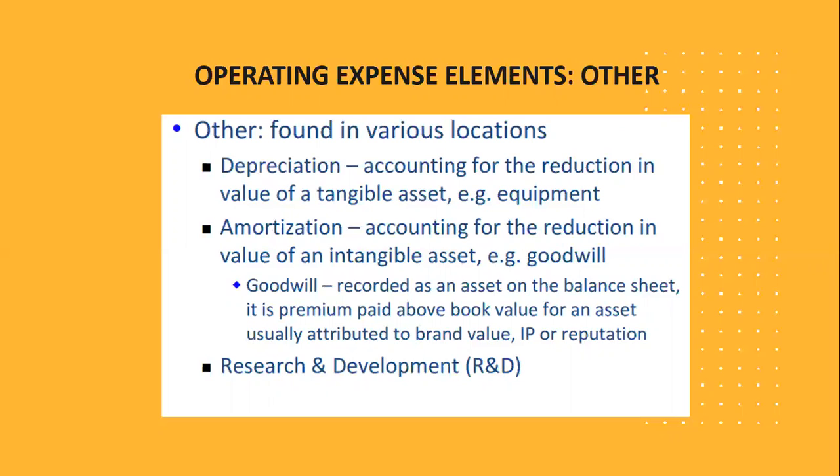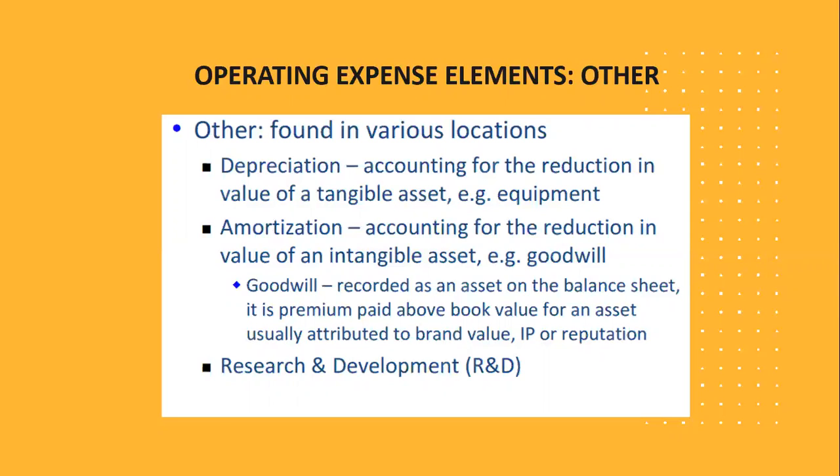Some other things that are captured on the income statement include research and development. This is a very big cost for companies such as chemical companies, pharmaceutical companies, and tech companies. All of these have very large R&D costs. There's also amortization, which is basically the depreciation or reduction of value of an intangible asset such as goodwill. Goodwill is the premium paid above the book value for an asset attributable to the brand value, IP, or reputation.